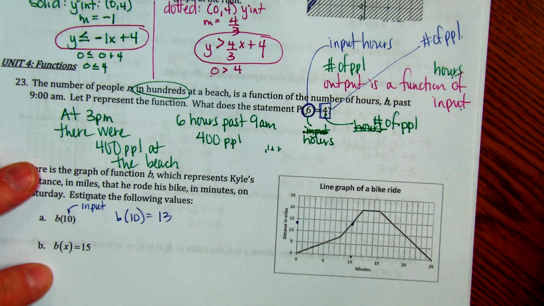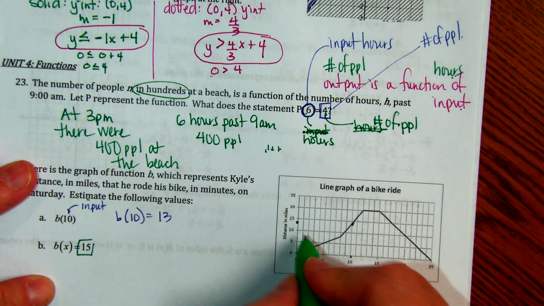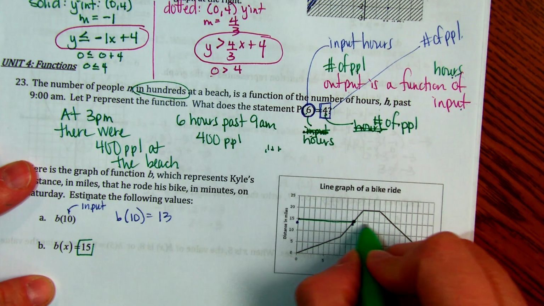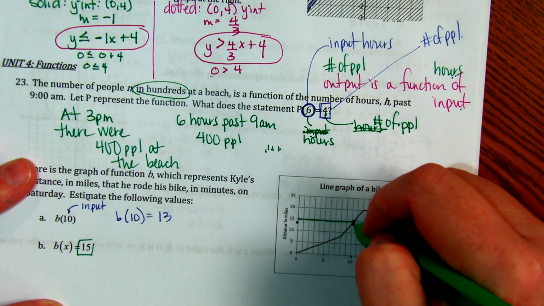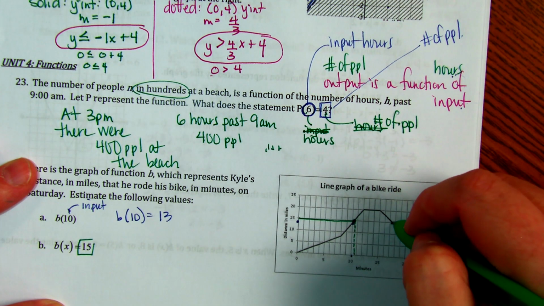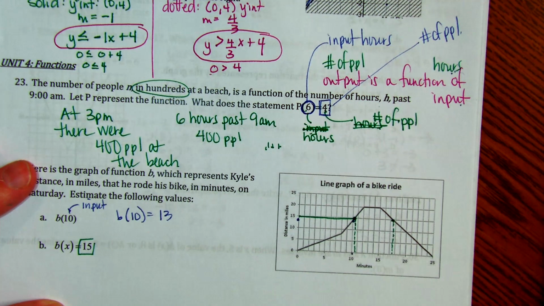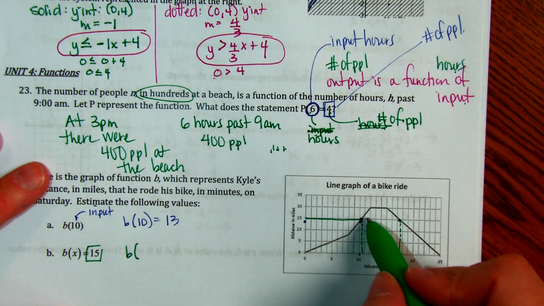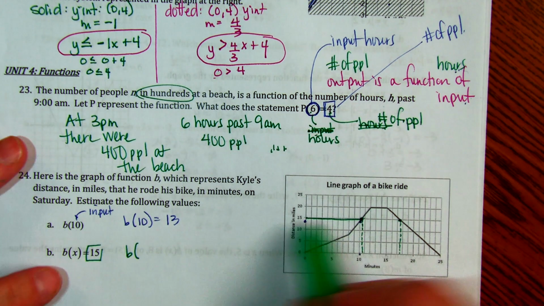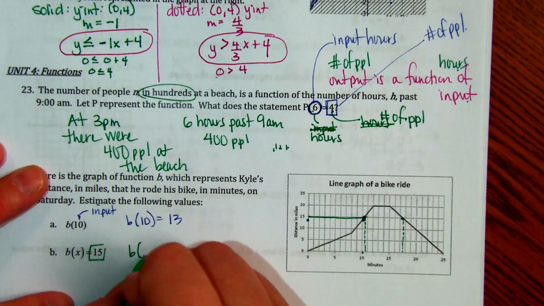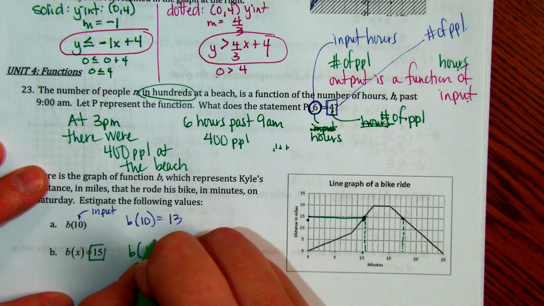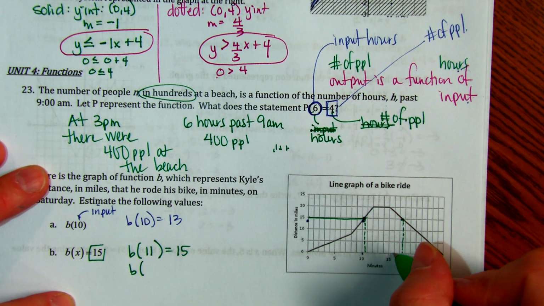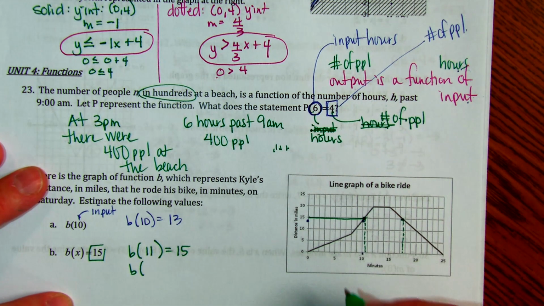And then this is where we have the output. So I need the output of 15. So the output of 15 is there and there. So I could say that, as already said, B of 10 is 13, so maybe B of 11 equals 15, and B of 17.5 equals 15, something like that.